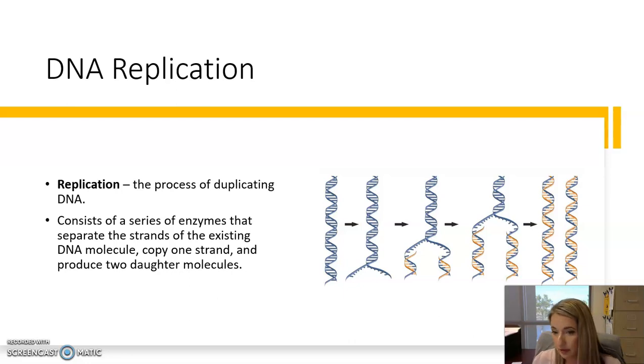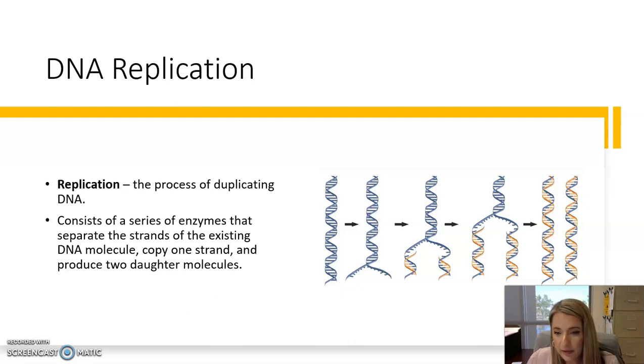And this is what bacteria typically do when they're ready to go through a binary fission cycle. Ultimately, they can then take DNA and turn it into RNA, which is a process that's done during transcription. And then finally, that RNA can be translated during translation into protein. But first, we'll start out with replication.